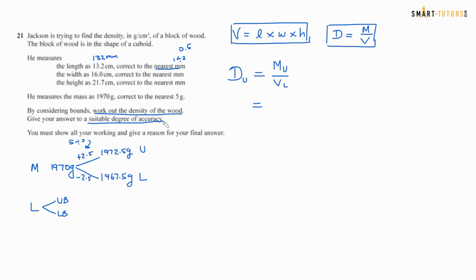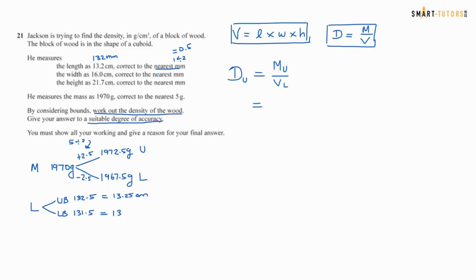So 1 divided by 2 is 0.5. You have to add 0.5: 132 add 0.5 is 132.5, and take away 0.5 is 131.5. Both are in millimeters.